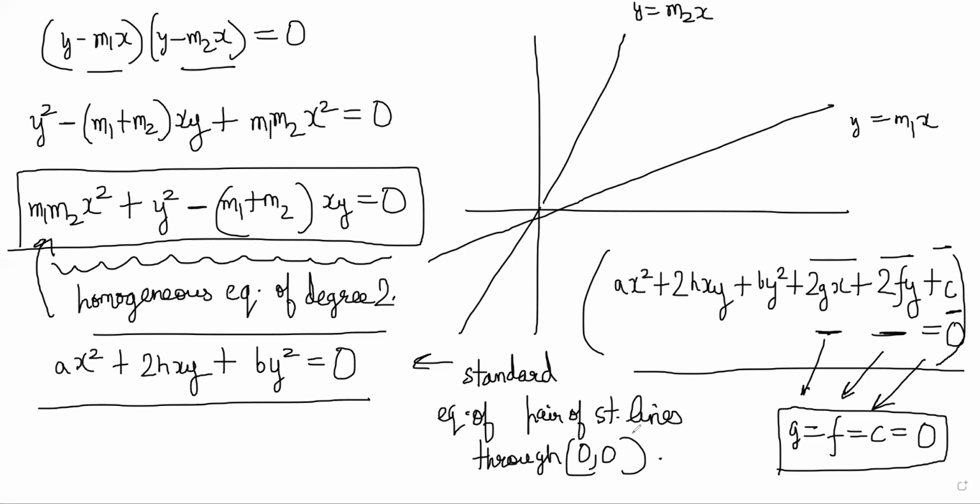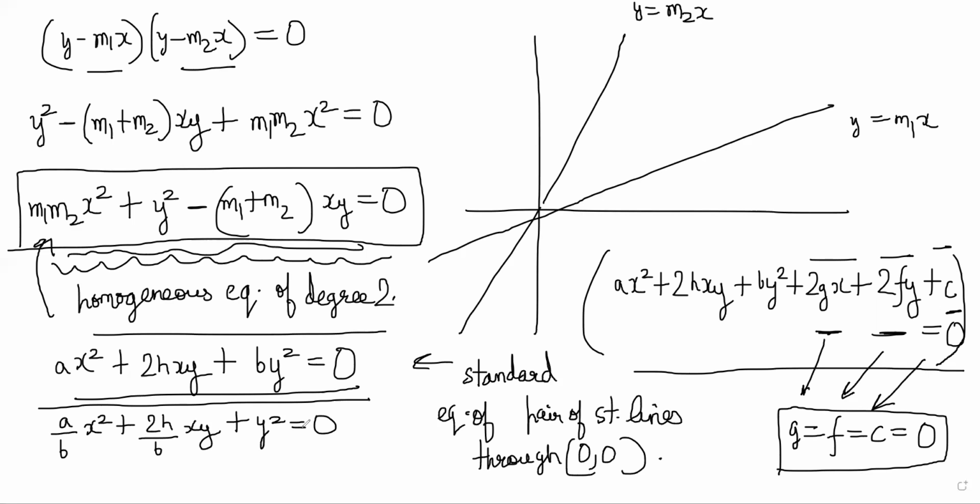Now, if I compare the coefficients from this equation and this equation, I should divide by b to make the coefficient of y² to be 1, right? So I will get (a/b)x² + (2h/b)xy + y² = 0, right?